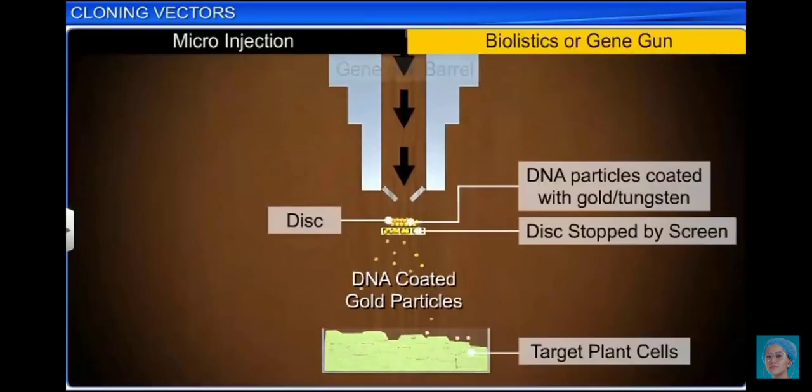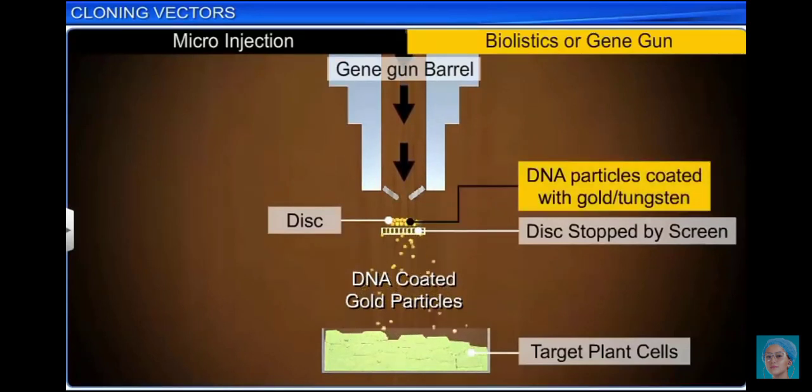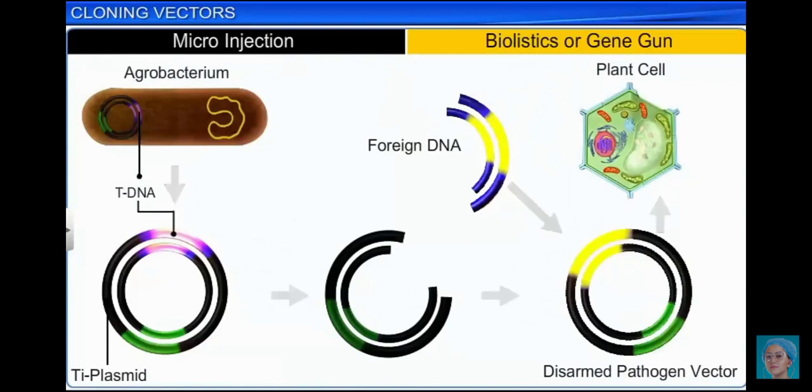While in the biolistics or gene gun method, plant cells are bombarded with high-velocity microparticles of gold or tungsten coated with DNA. This method uses disarmed pathogen vectors, which, when allowed to infect the cell, transfer the recombinant DNA into the host.